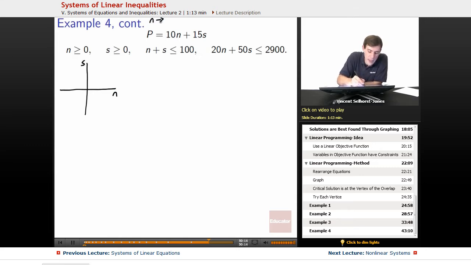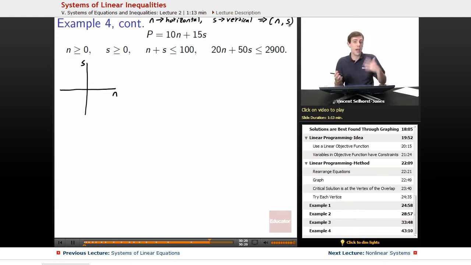So we can now talk about ordered pairs that come in the form N comma S, just as X comma Y is horizontal comma vertical. There's no reason it couldn't be flipped, but we just chose one and we stick to it. As long as we stick to it, it'll work out.